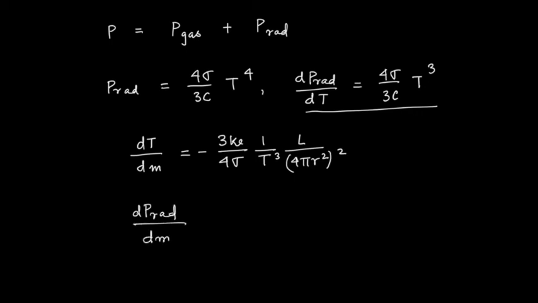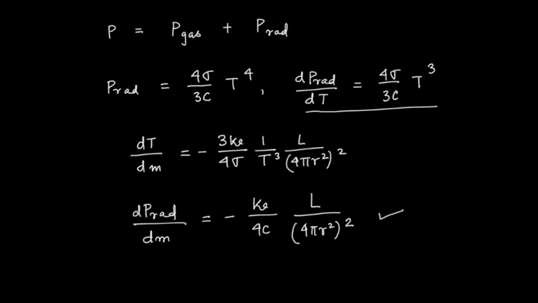So P radiation dm becomes minus kappa, 4 sigma cancels out, T cubed also cancels out, whole square.